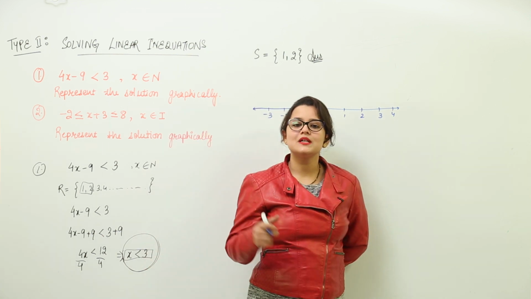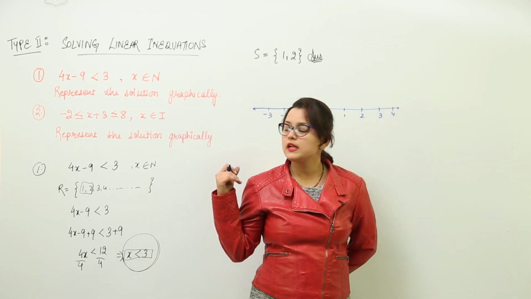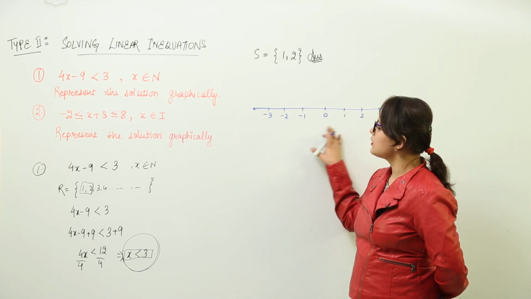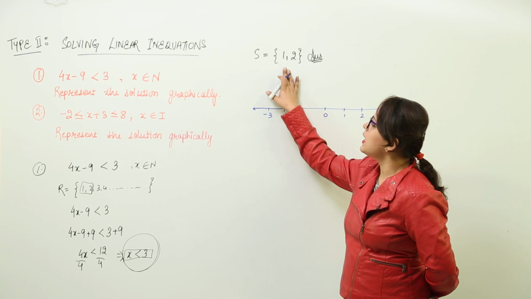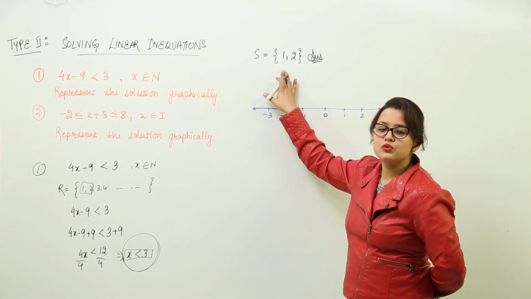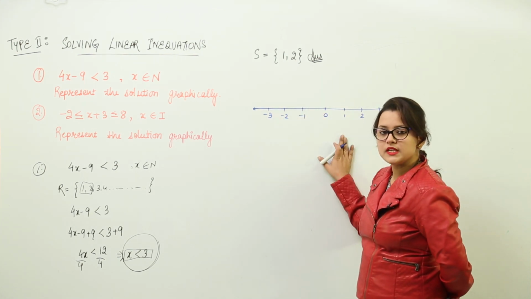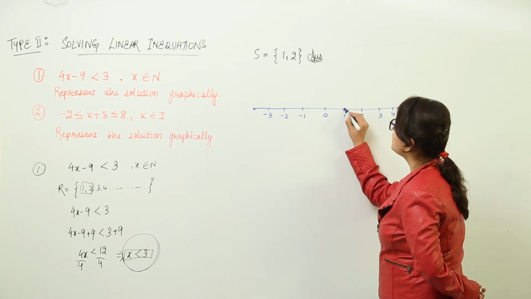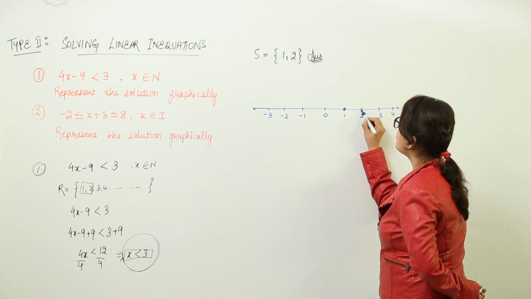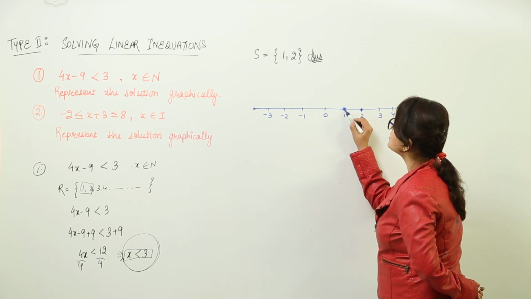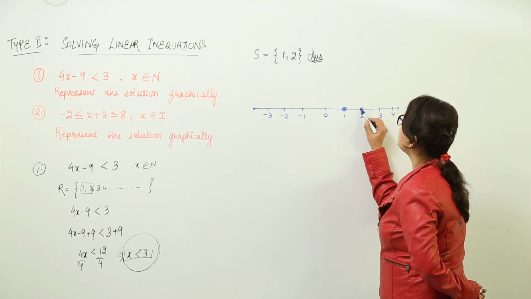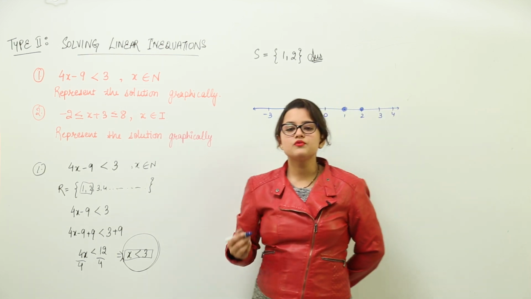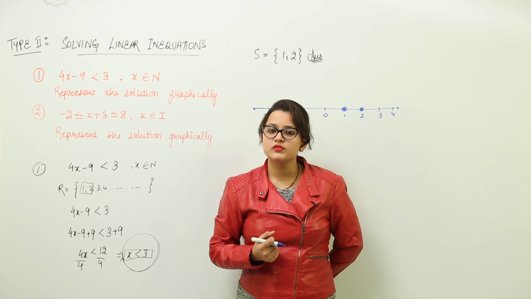Now you have to represent the solution on this line. The values 1 and 2 are going to be represented here. We have 1 here and we have 2 over here. So you just have to circle the places where the values are represented, and that's it for the graphical representation of the solution.